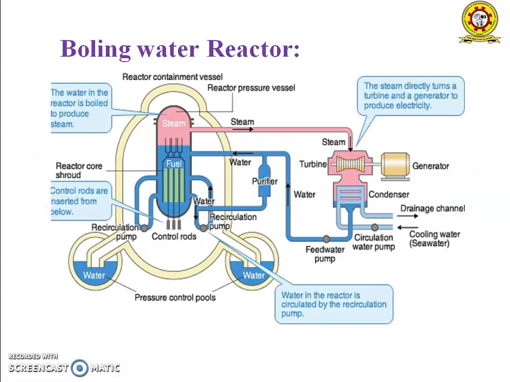And the next one is the boiling water reactor. The boiling water reactor uses uranium enriched with the more fissionable isotope uranium-235. The naturally occurring percentage is 0.7%, and it is used as a nuclear fuel, and water is used as a coolant.